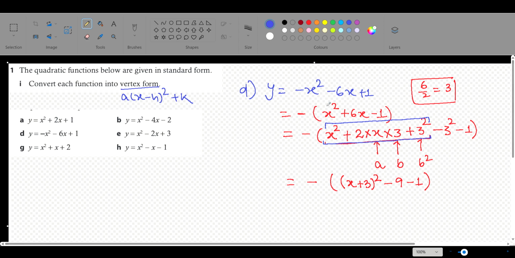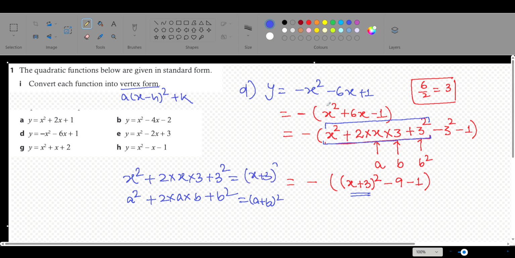So can't I write this first three terms just as x plus 3 whole square? If you compare this with a square plus twice of a times b plus b square, I can see my a is x, my b is 3. So this is a plus b whole square. Similarly, x square plus twice of x times 3 plus 3 square is x plus 3 whole square.